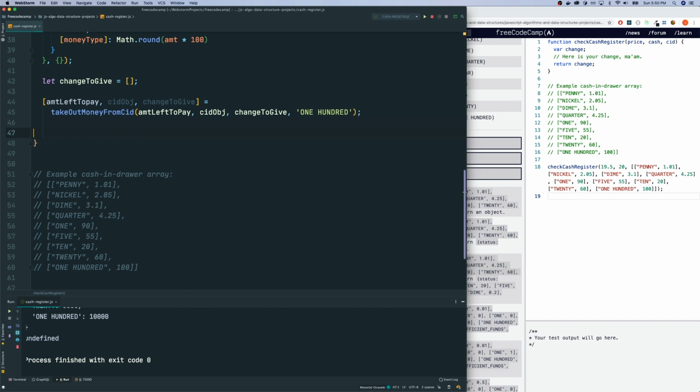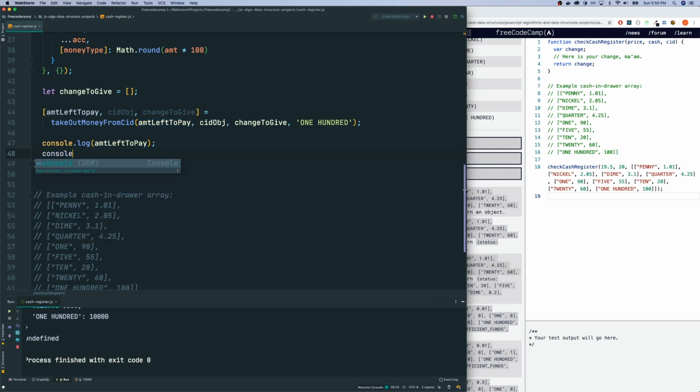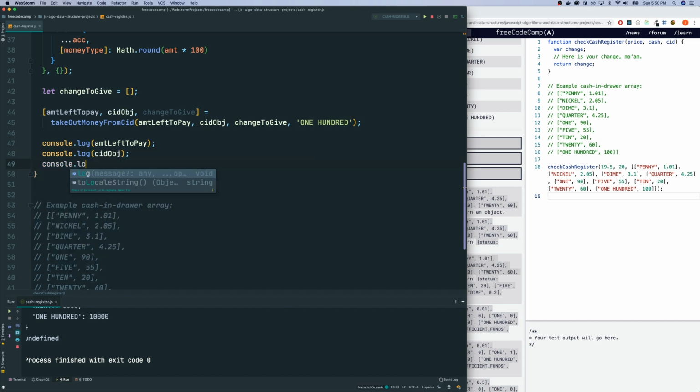Okay, so what I want to do is here, let's console log after taking out the $100 bill, let's do amount left to pay. That's going to be our first one. Console log CID object is our second one, and console log change to give is our third.